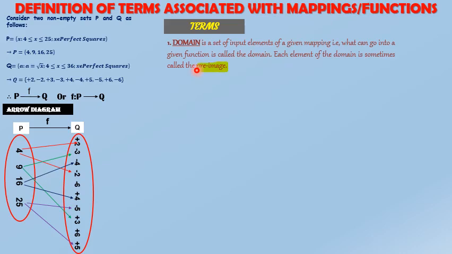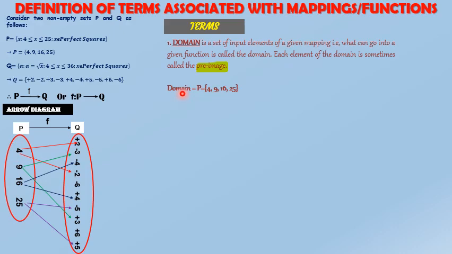So if that is the case, we can now list out the domain in our mapping here. In this illustration now, what will be our domain? Our domain refers to what? To set P. So therefore we say domain for this consideration will be equal to set P, which has elements 4, 9, 16, and 25. So these are our domain. All your possible inputs, all elements that form your input automatically belong to your what?